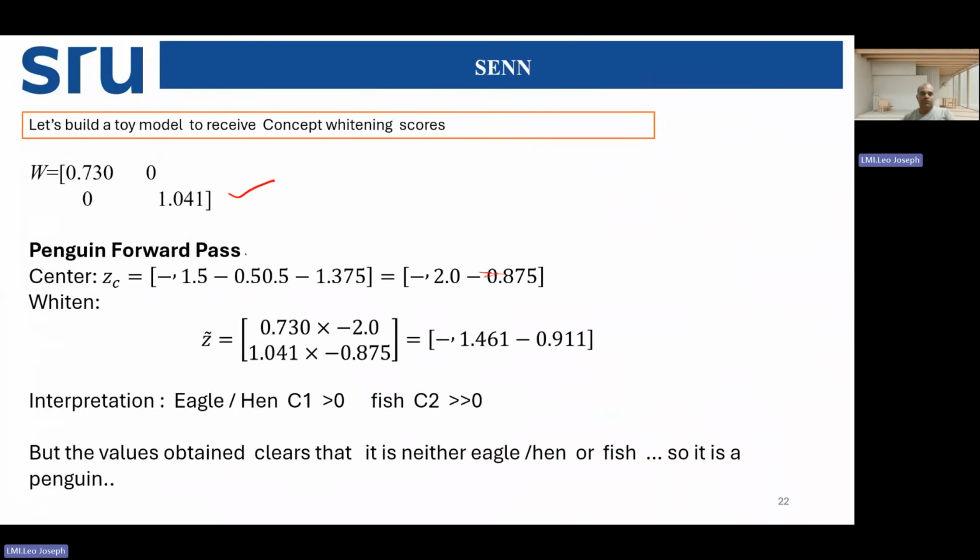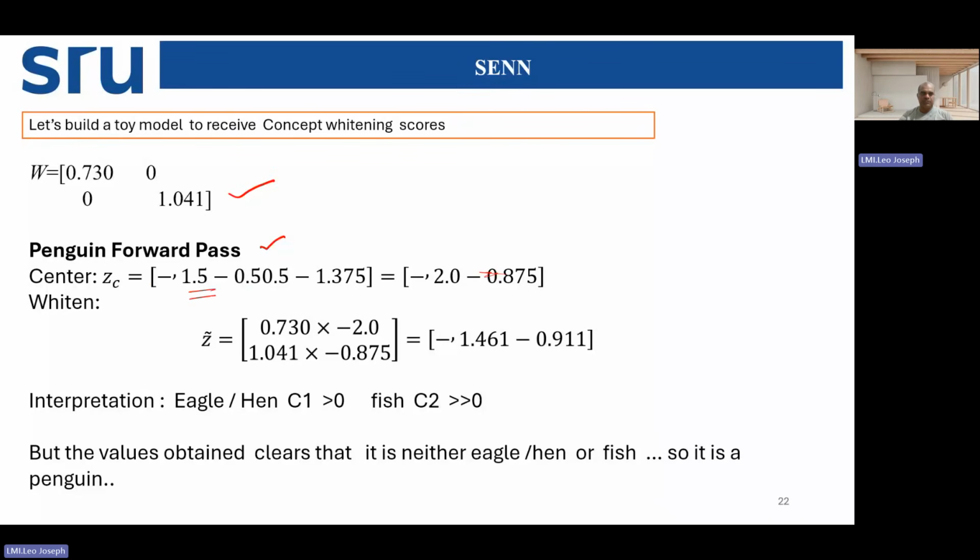So first I am going with the penguin forward pass. If I am going with the penguin forward pass, what? Minus 1.5, minus 0.5, 0.5, minus 1.375. I think you know already what we are doing. So what is this minus 1.5?